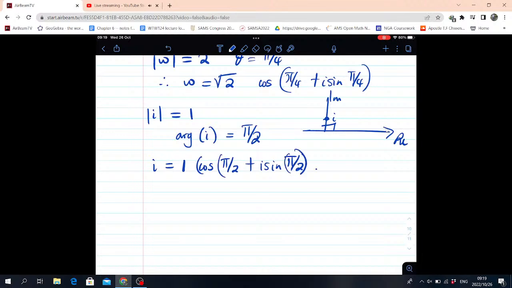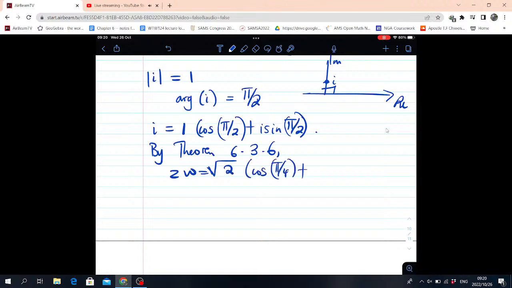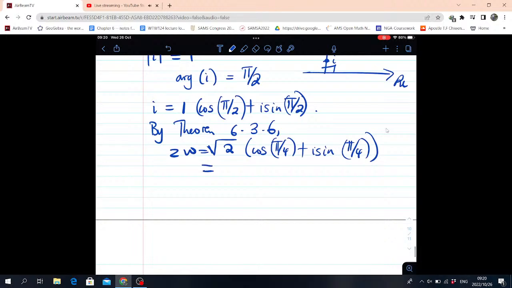Maybe let me put brackets there. And then if you are to multiply the two, then you say by theorem 6.3.6, z times w is going to be equal to the square root of 2 (cos pi over 4 plus i sine pi over 4), times 1 times (cos pi over 2 plus i sine pi over 2).